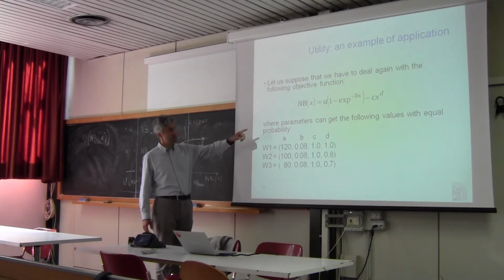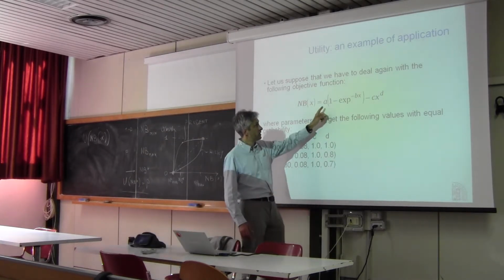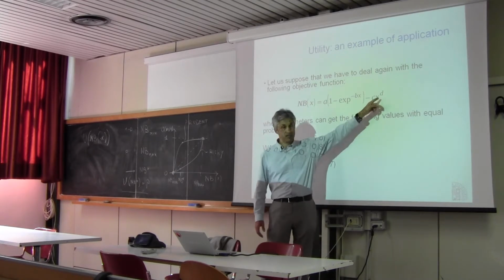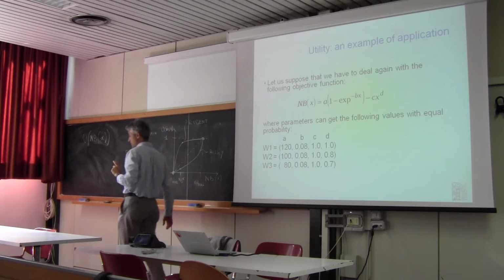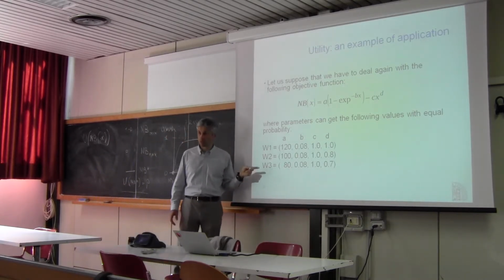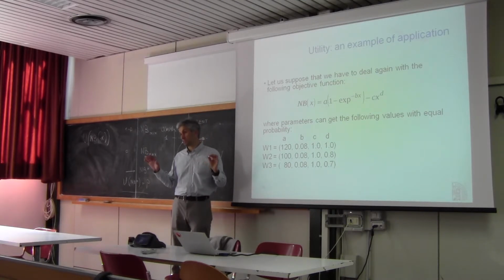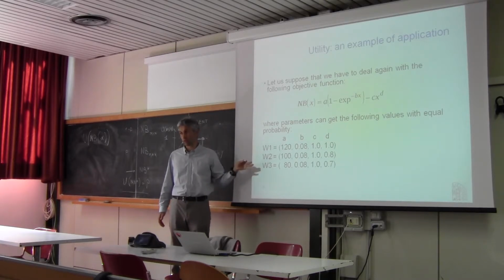Let's suppose that the parameters of the utility function are 4, as you may remember: A, B, C, and D. And let's suppose that uncertainty is given by the fact that only 3 possible vectors for parameters are possible. In general, uncertainty means that any possible vector of parameters is possible according to a probability distribution. But in this case, to make it simpler, let's suppose that this is a discrete case in which we have only 3 solutions.